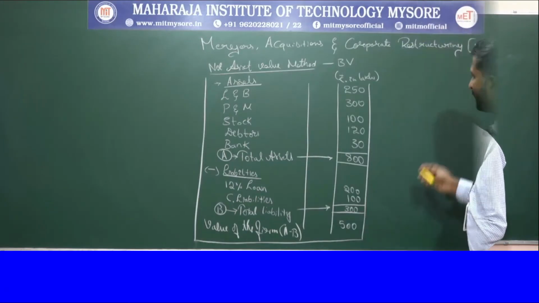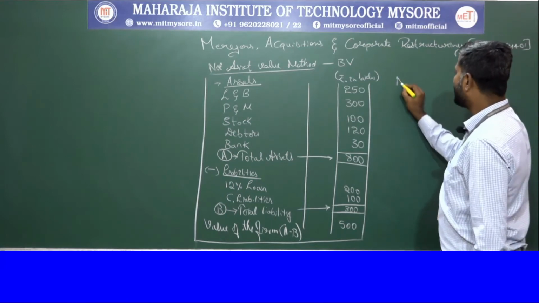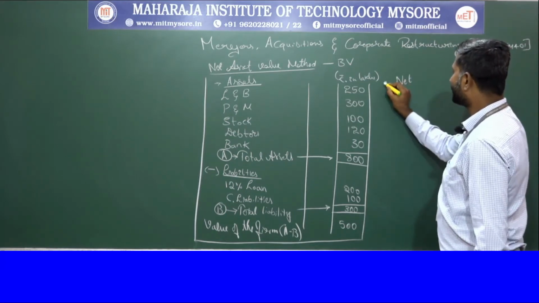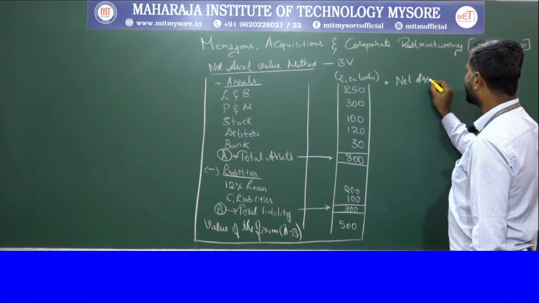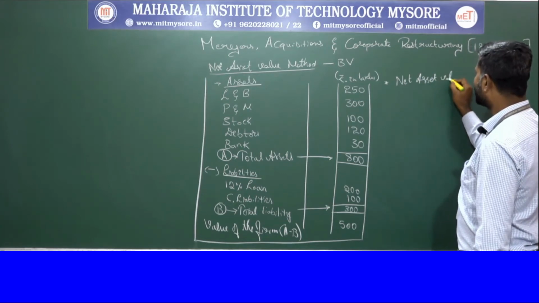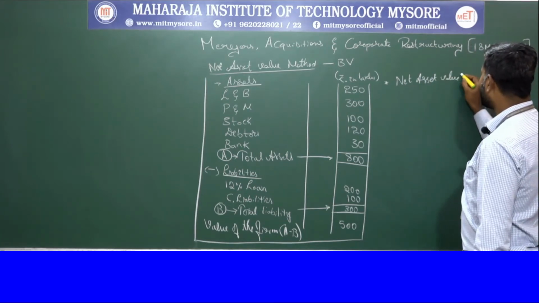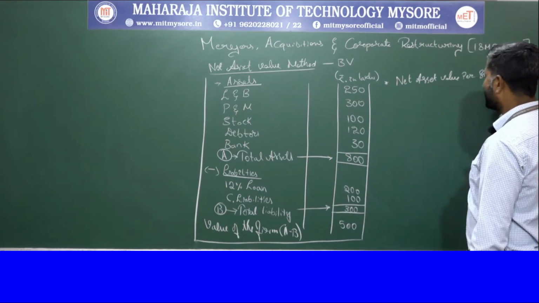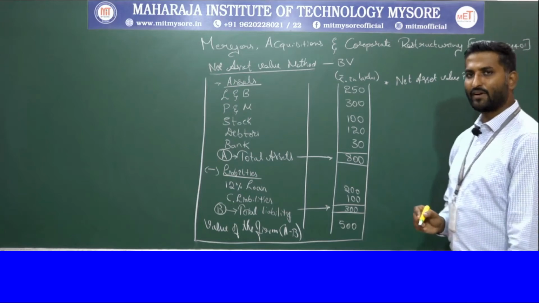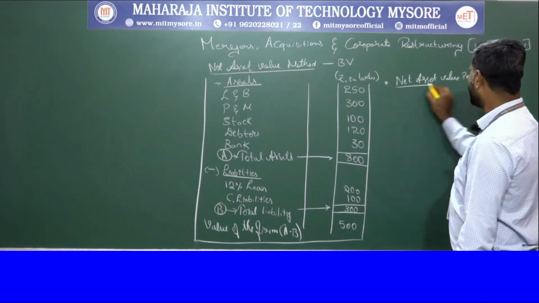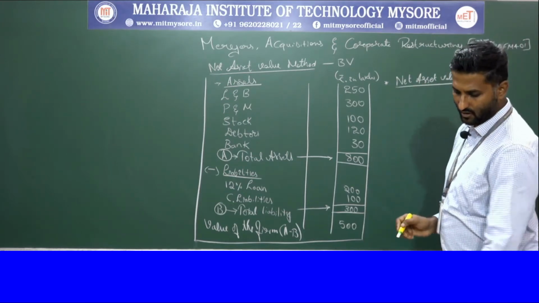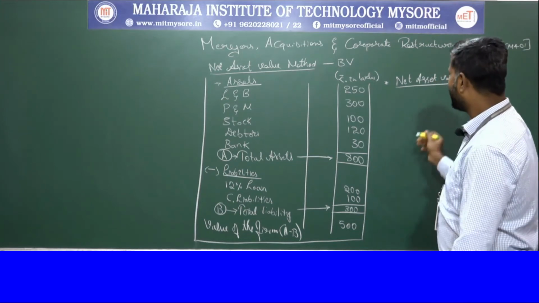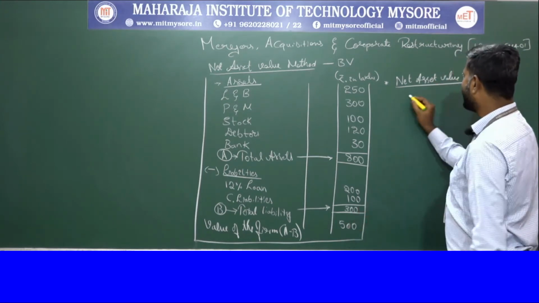Take the consideration of net asset value per share. For net asset value per share, you take the value of the firm which was calculated.